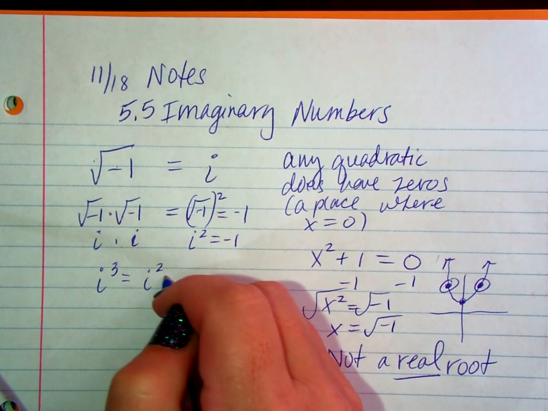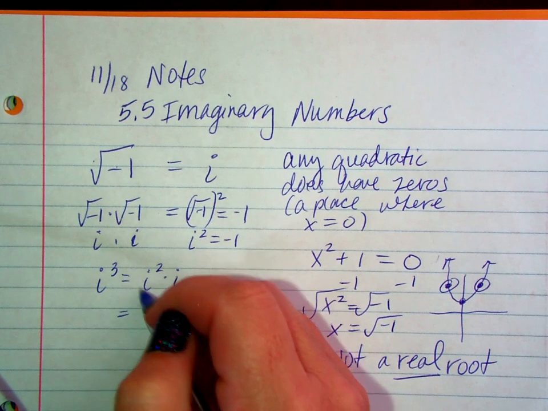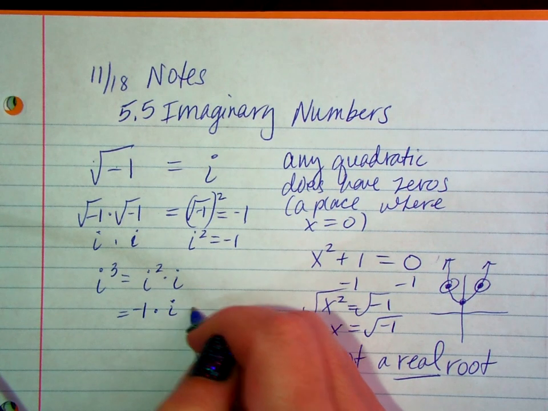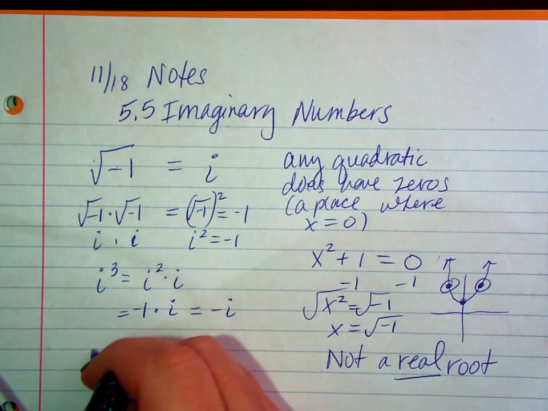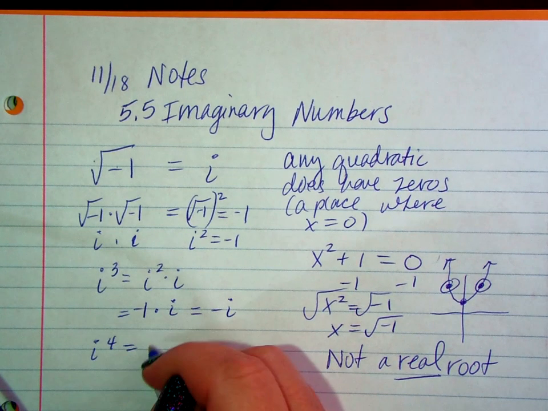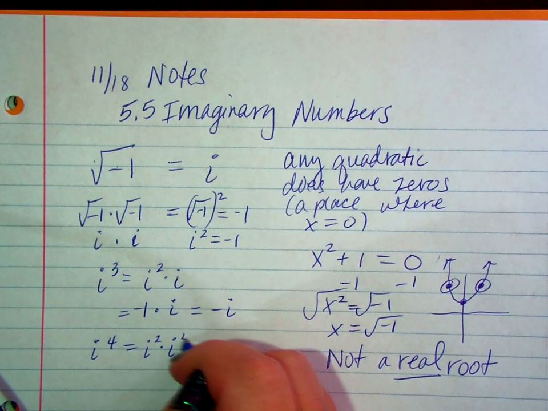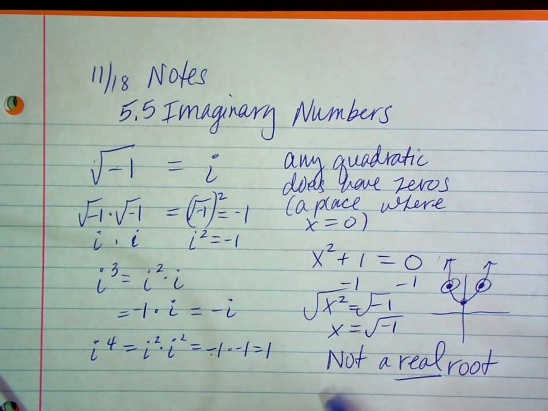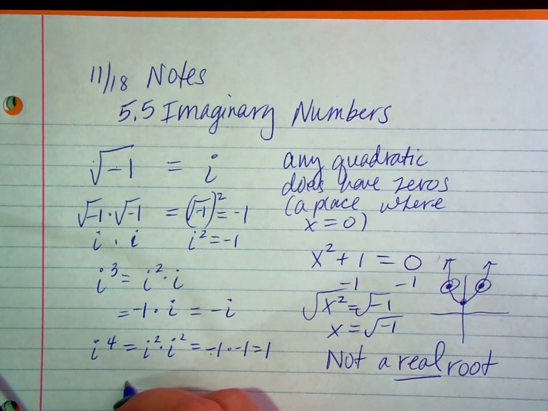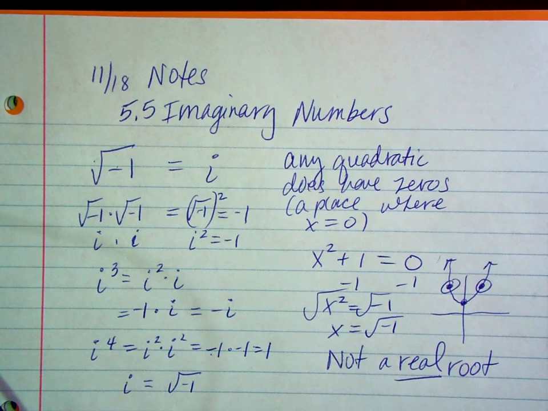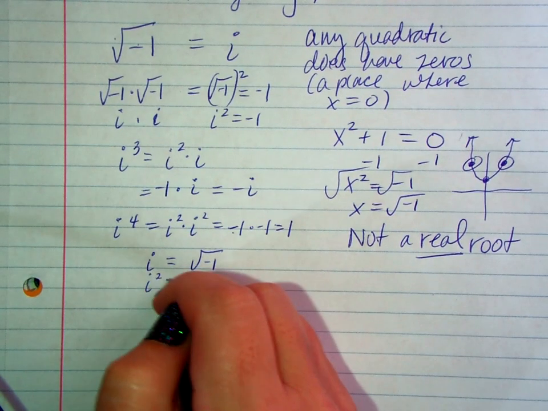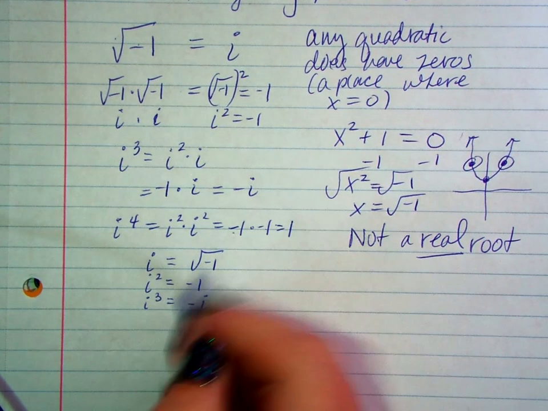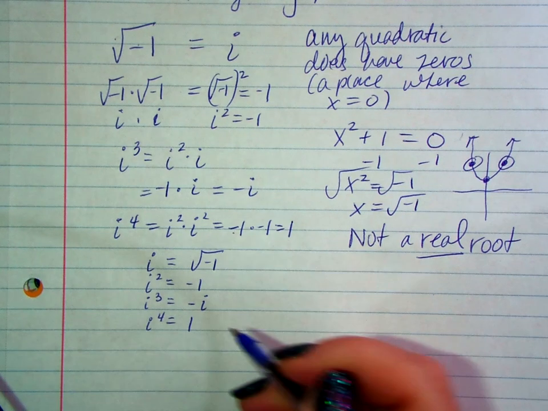That would be I squared times a plain I, and we know that I squared is -1. So -1 times I is just -I. And finally, let's go do I to the fourth. I to the fourth would be I squared times I squared, and we know that I squared is -1. So -1 times -1 is just 1. So let's go write these down here. I equals square root of -1. I squared equals -1. I to the third equals -I, and I to the fourth equals +1.